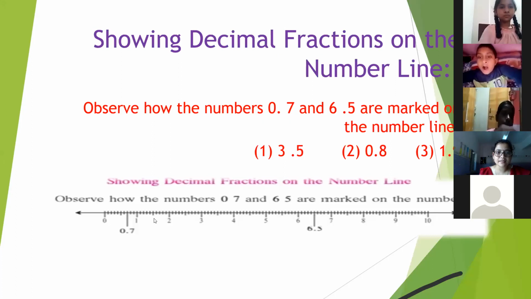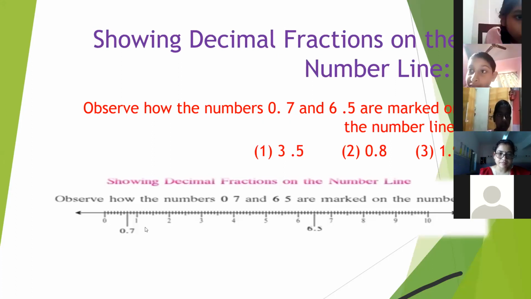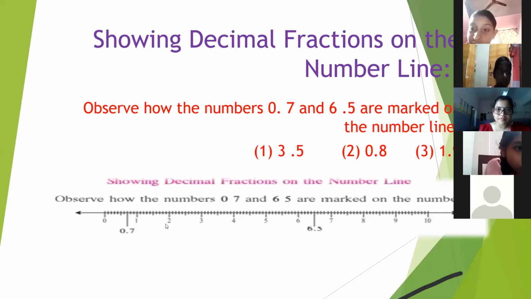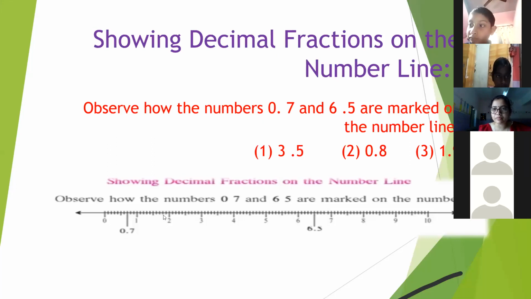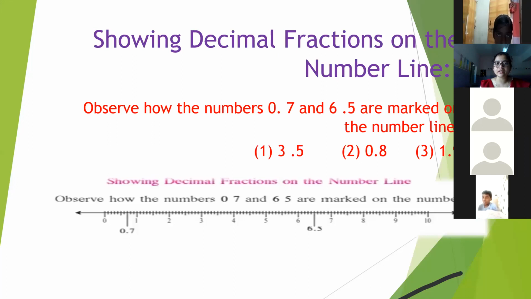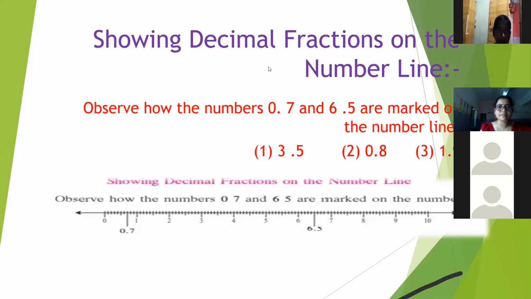Yes, yes. 1.1, 1.2, 1.3, 1.4, 1.5, and 1.6, 1.7, 1.8, 1.9. Okay. Yes, miss. Before 2, the hash is for 1.9. Very good, student. Mute yourself.